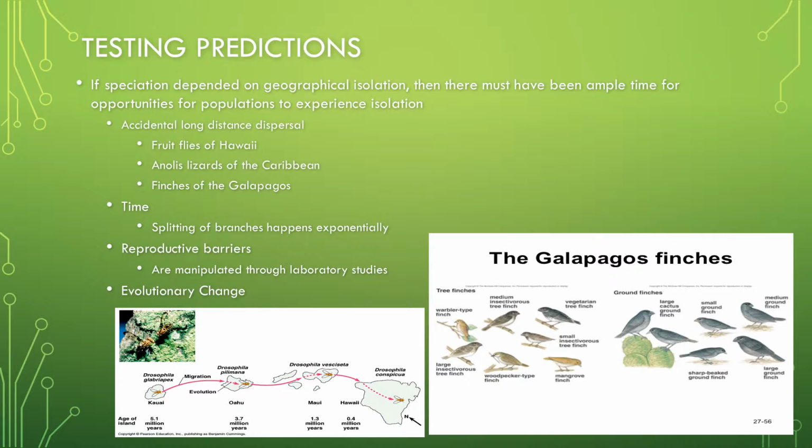However, these could not be the only reason why. Accidental long-distance dispersal by birds also occurs, so there has been ample time for species to split their ancestral branches. Reproductive barriers are tested in the laboratory, where scientists force animals or plants to adapt through evolution to different environments.